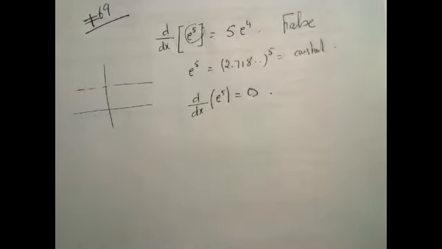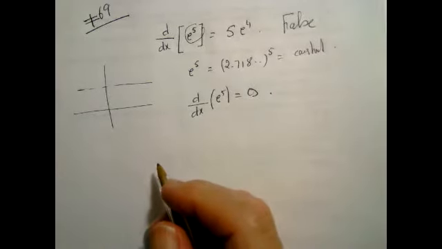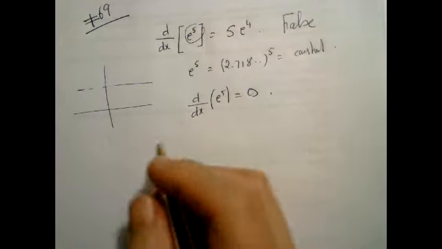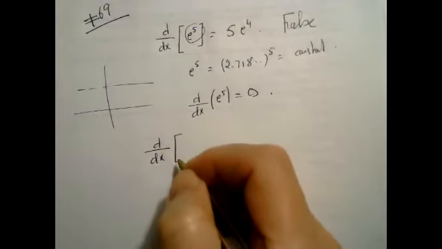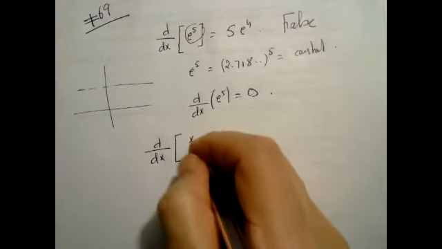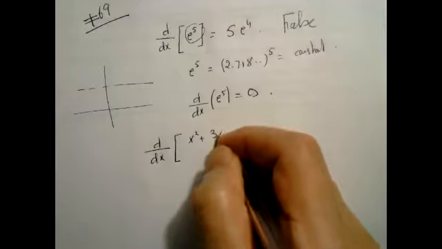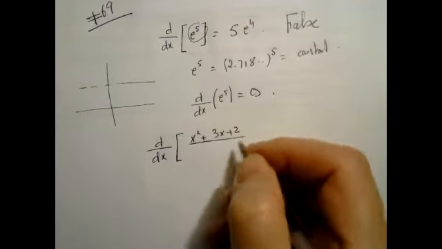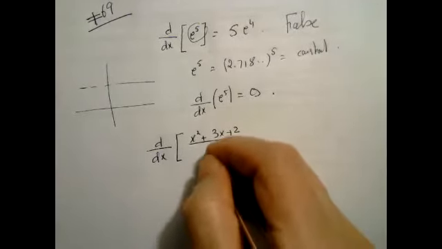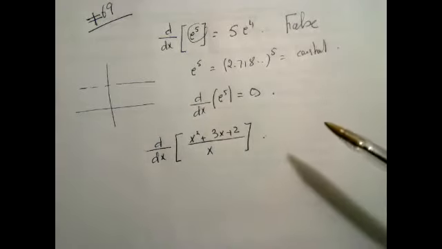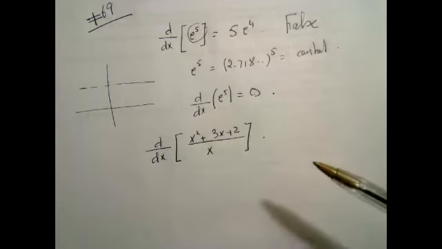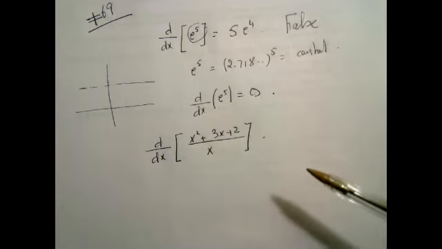Okay. All right, B. The quotient rule must be used to evaluate the following: x squared plus 3x plus 2 over x. And the question is, should we use the quotient rule?